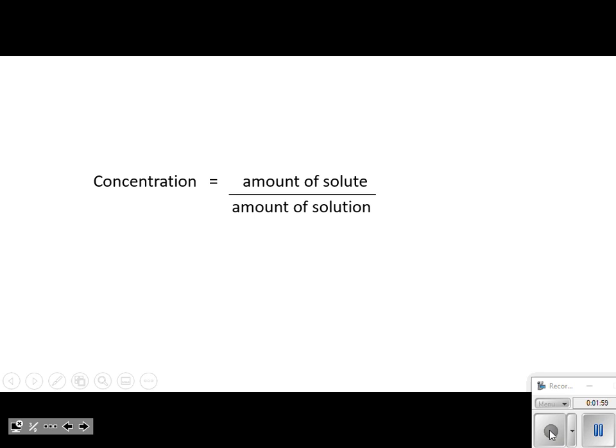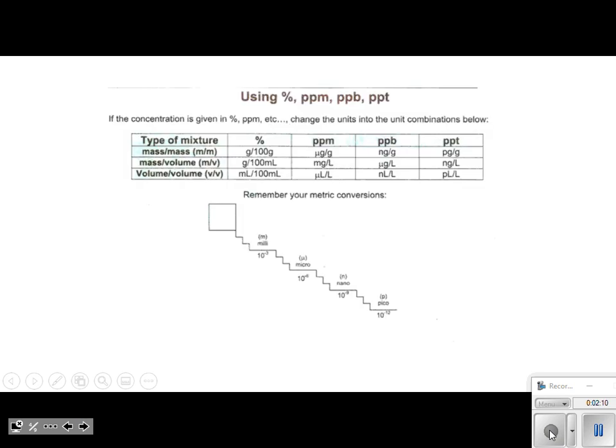Parts per billion, you'd multiply it by 10 to the 9th. But the generalization is amount of solute over amount of solution is the concentration. Now, we said amounts because we can't give you an actual label because it's different.